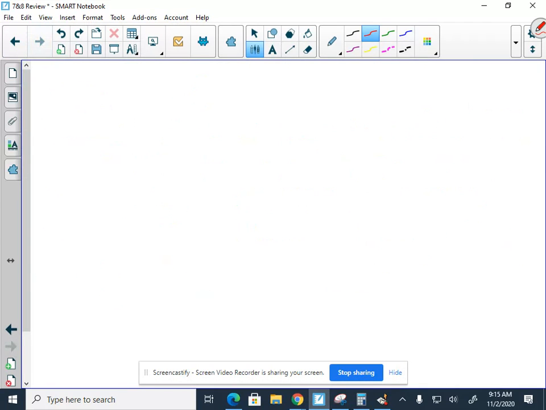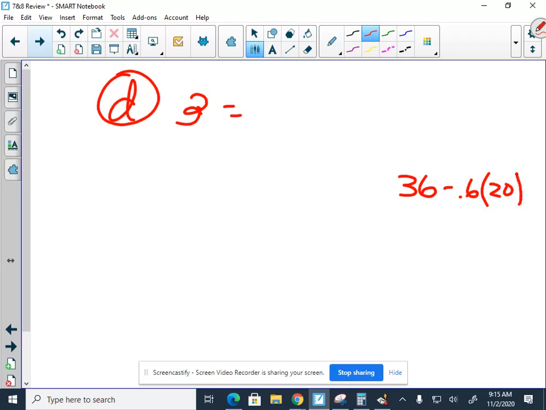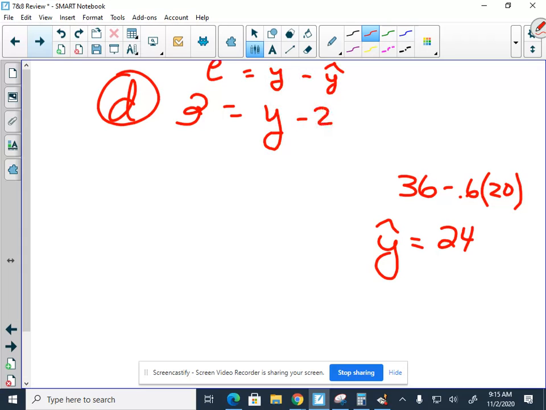So let me just restart it. This is 3 equals, we have to plug the 20 in. So 36 minus 0.6 times 20 would predict, this is going to be y hat, it would predict 24. So again, this is E equals y minus y hat. So y minus 24. We add 24.